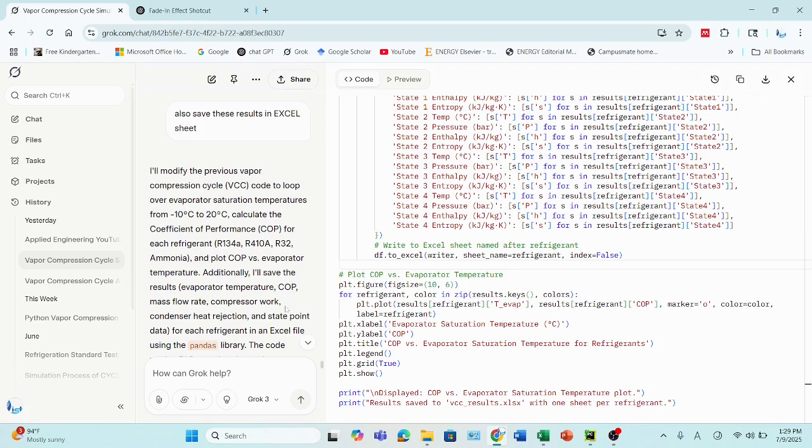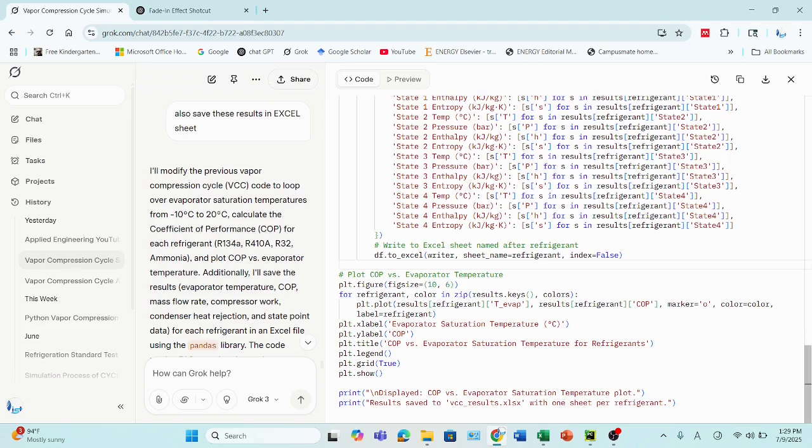But now I would also like to know how the compression ratio, the mass flow rate and the compressor discharge temperature, which are also key parameters when we are studying this vapor compression cycle, also change as the evaporator temperature increases.